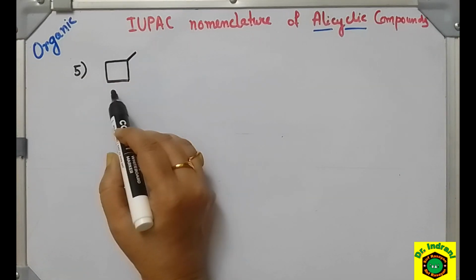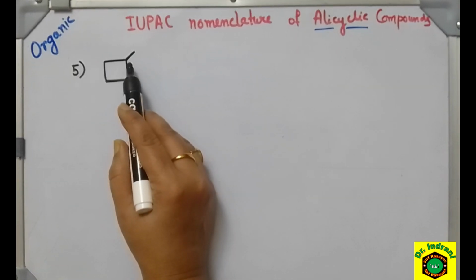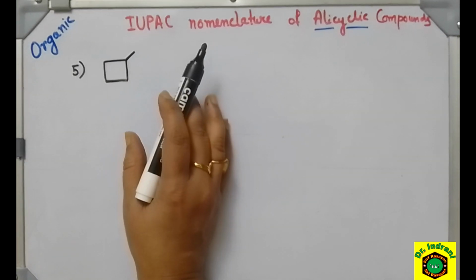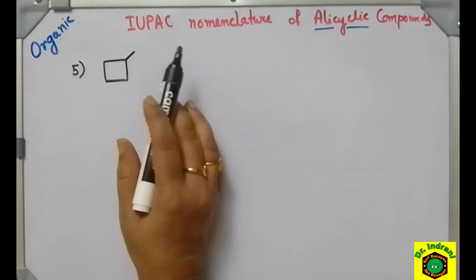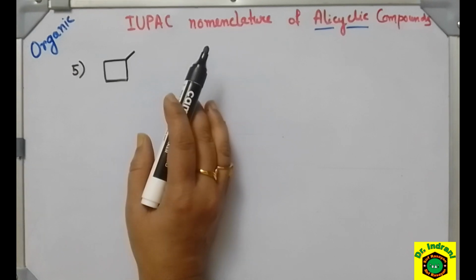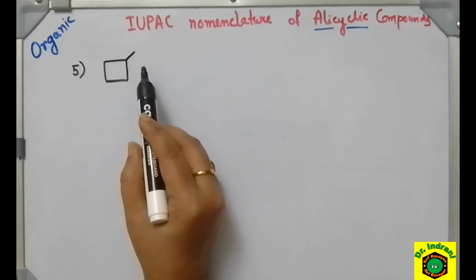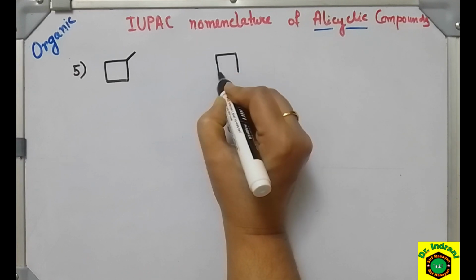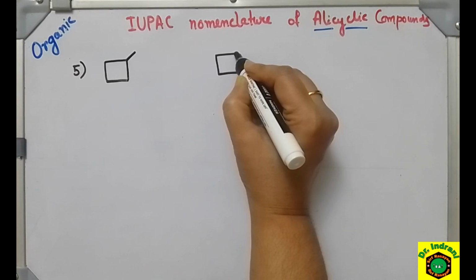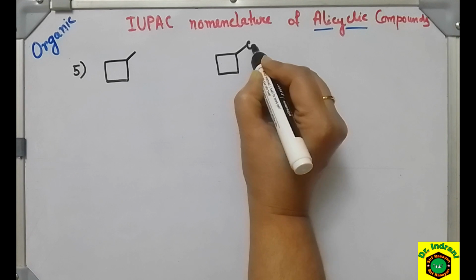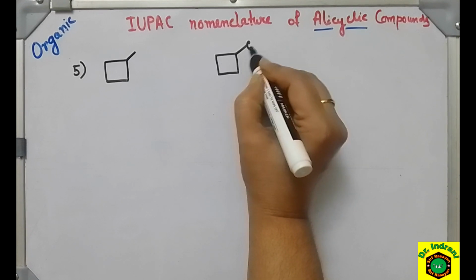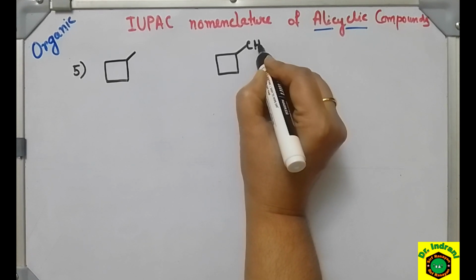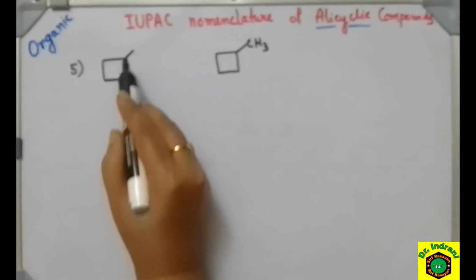See, in this ring structure, one substituent is present. If only one substituent is attached to the ring, its position doesn't need to be mentioned. What is the substituent? Here, in this 4-membered ring, this carbon is joined with another carbon. One valency of carbon is satisfied, so 3 hydrogens we have to add. So this is methyl.